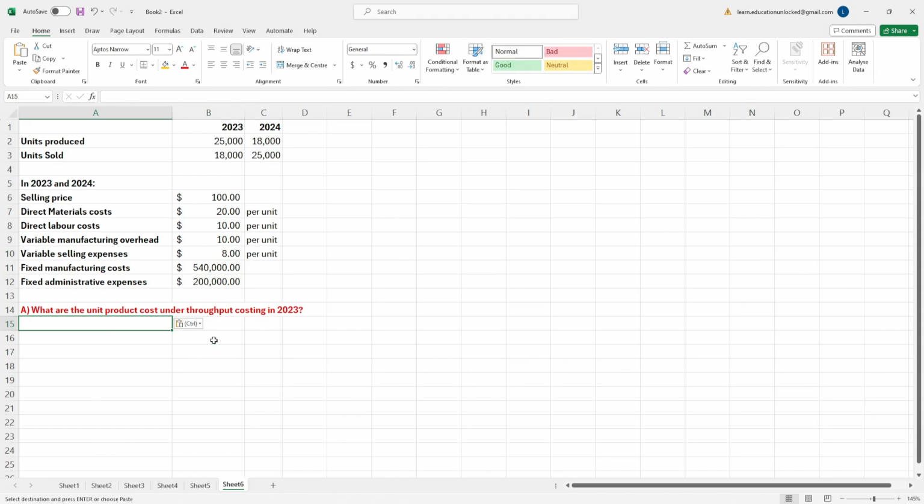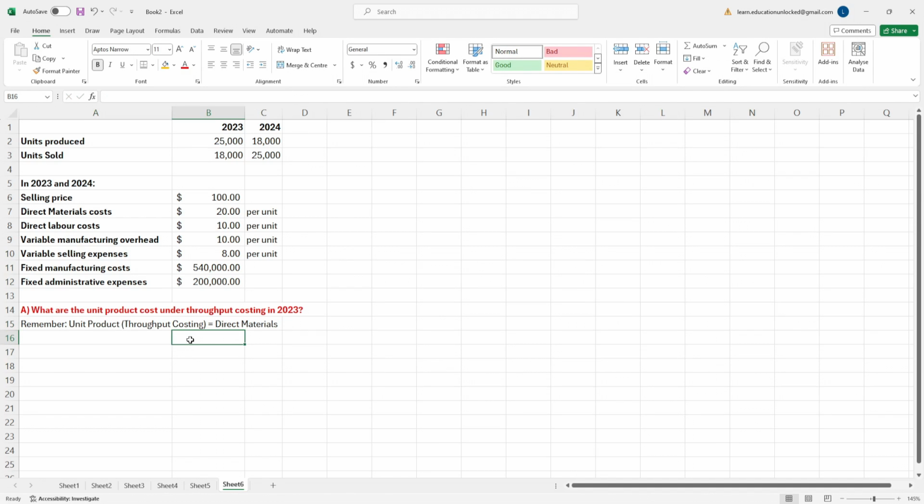So the first question we're looking at today is, what are the unit product costs under throughput costing in 2023? To do this, let's remember our unit product cost for throughput costing. If you remember the chart that I showed you, the unit product cost is just direct materials for throughput costing.